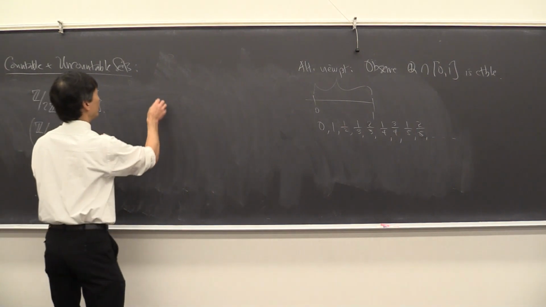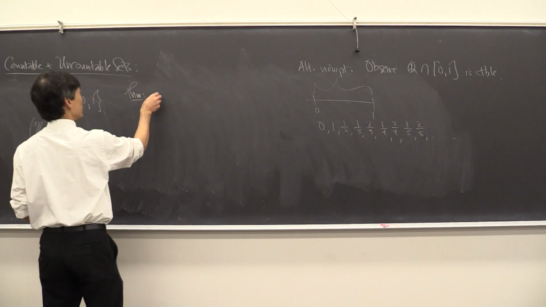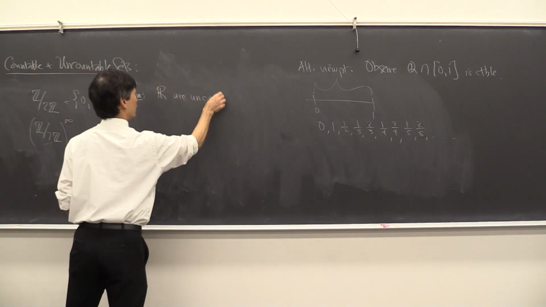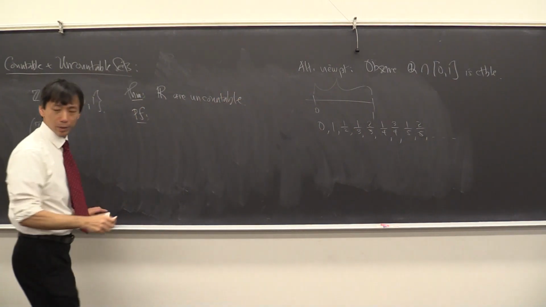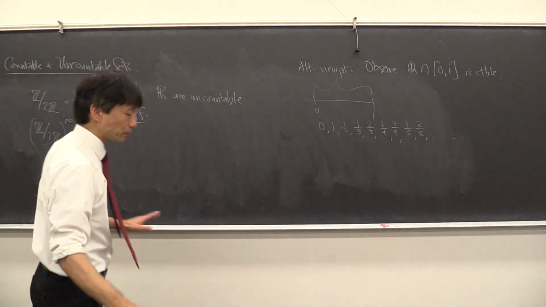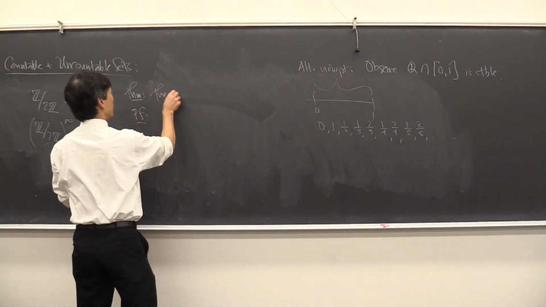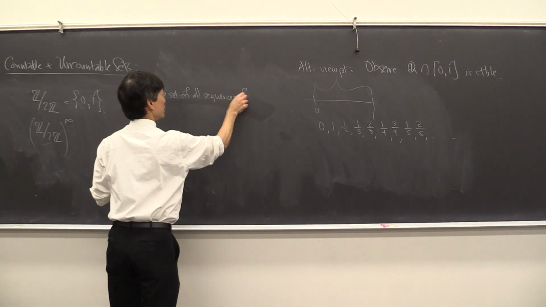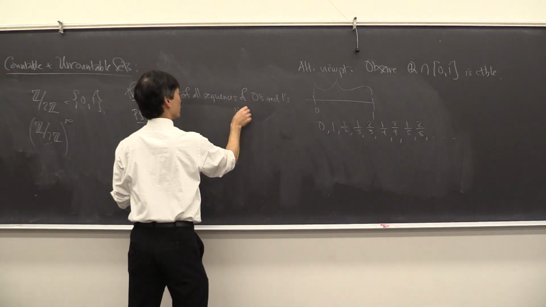So that is the theorem that we're going to do next. Let me state it this way: the set of all sequences of zeros and ones is uncountable.